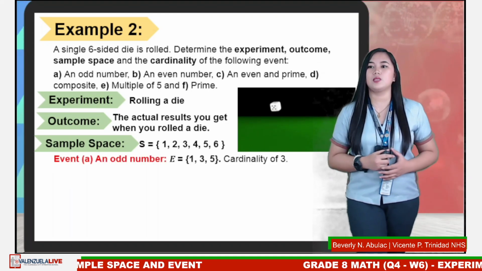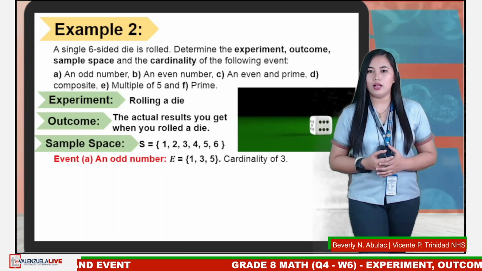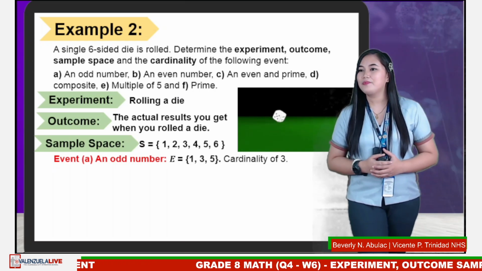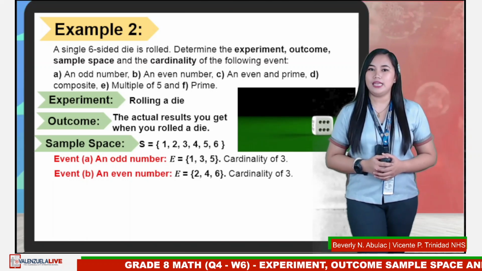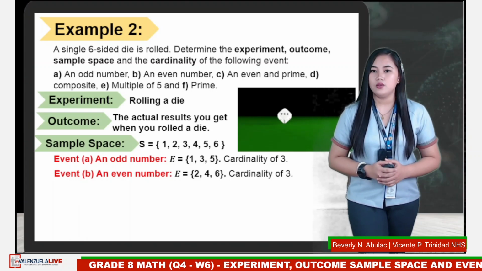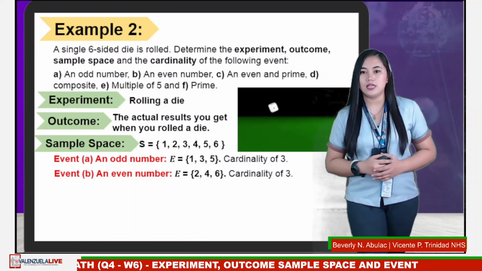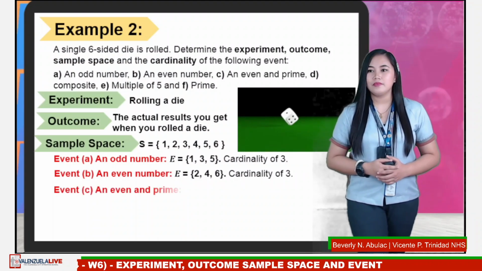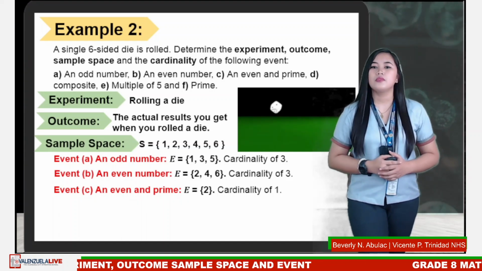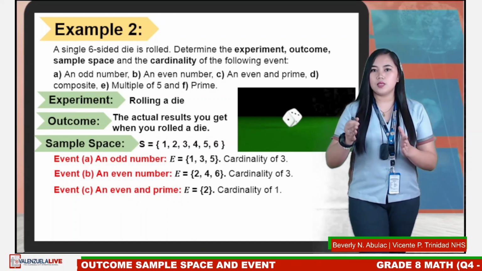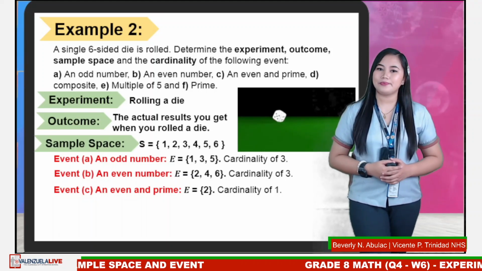For the following events, event A, an odd number, we have E equals 1, 3, and 5, cardinality of 3. Event B, an even number, so we have E equals 2, 4, and 6, cardinality of 3. Event C, an even and prime number, so we have E equals 2, cardinality of 1.